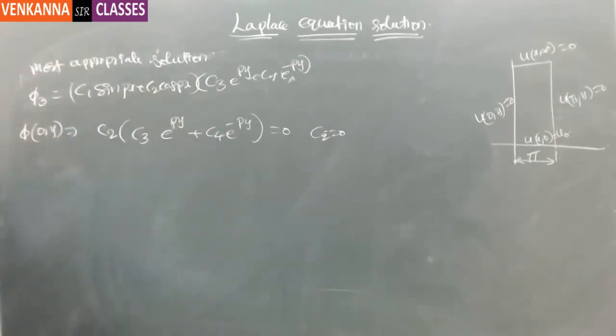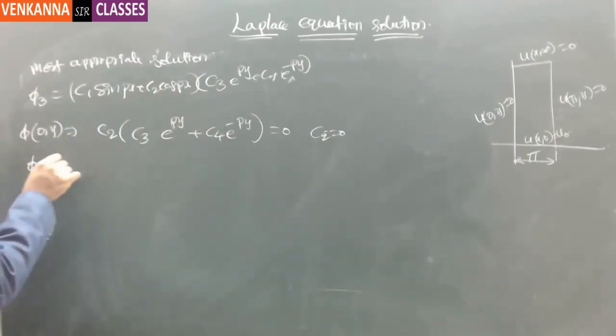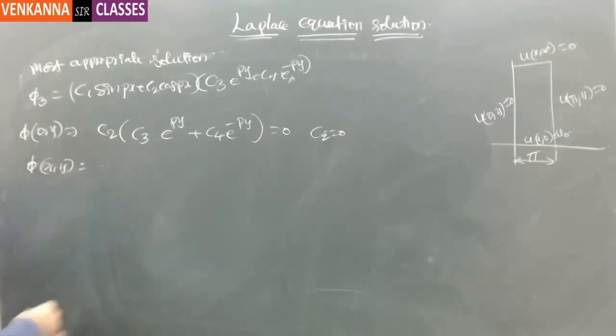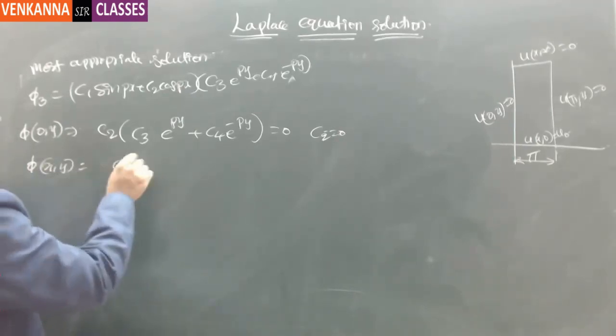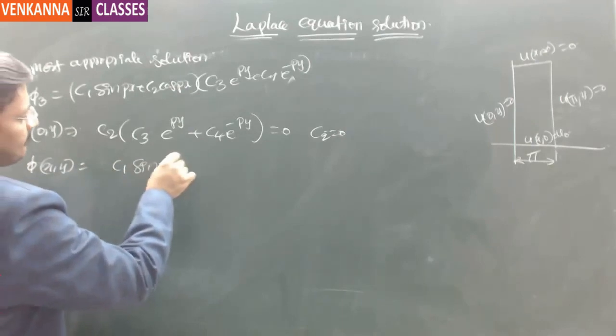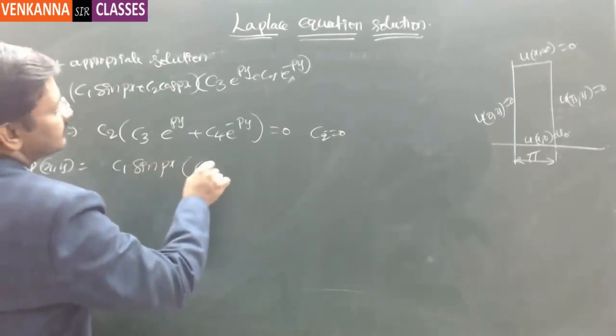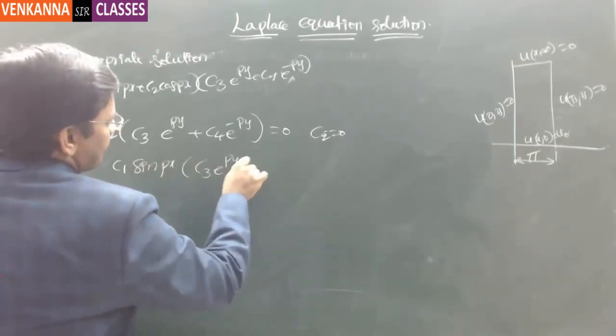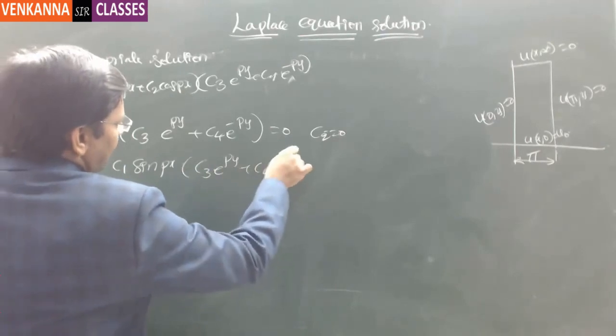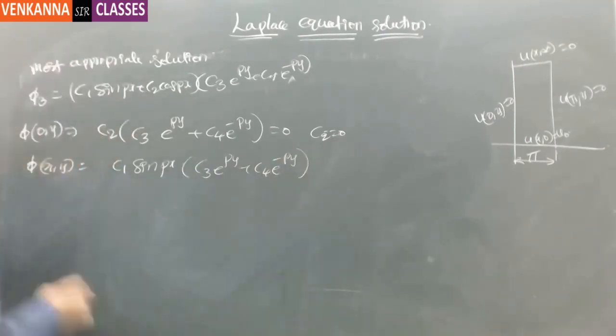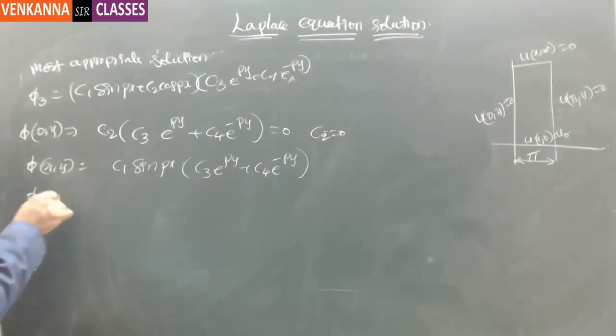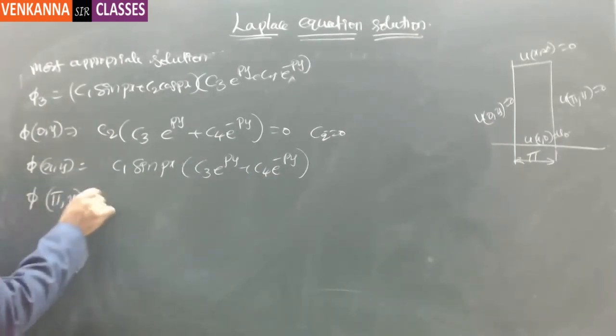And then the second boundary condition. From this, phi of x y will become c1 sin px into (c3 e power py plus c4 e power minus py). Take the other boundary condition, that is phi of pi comma y. This is again 0.